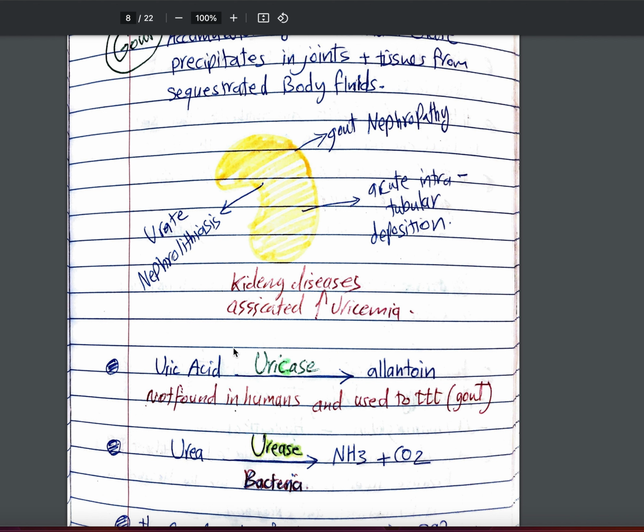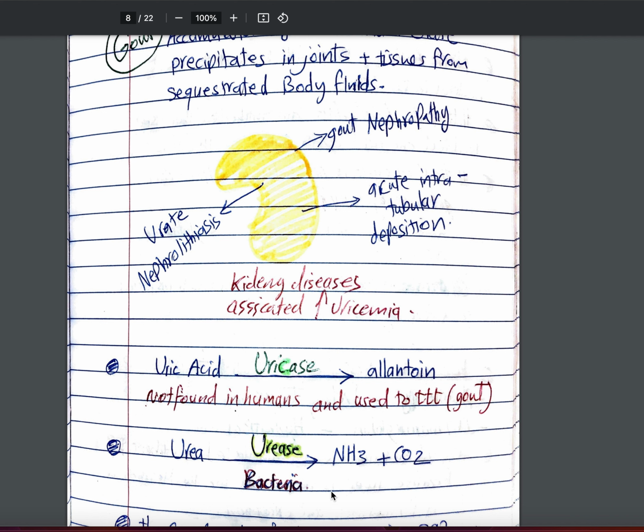Uricase is present in bacteria. So we have uric acid, and by the help of the enzyme uricase, that leads to the formation of allantoin. Uricase is present in bacteria, it's not present in humans at all. And not only in bacteria, but actually it is present in all mammals, in animals even, but not in humans.